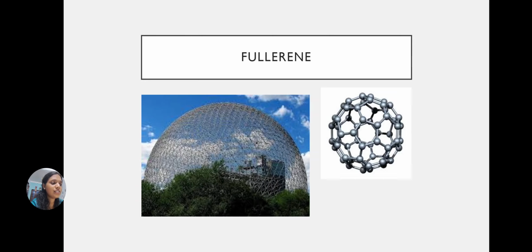He designed the geodesic domes shown in this picture. There are some dome-shaped buildings which look much like half of the ball. For this reason, when fullerenes were first synthesized and the structure was identified, it looked much like such a ball. This architect's name was chosen for this new class of carbon allotropes, the fullerenes.